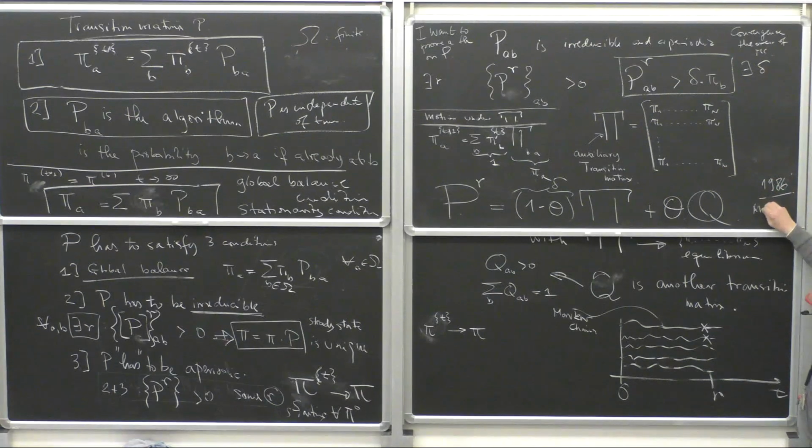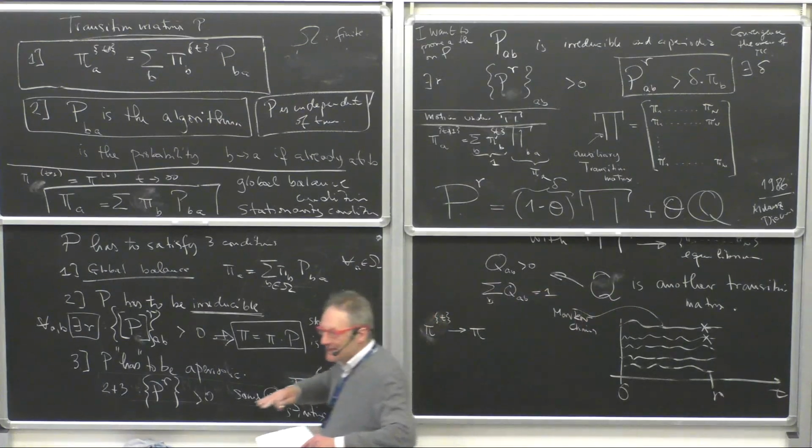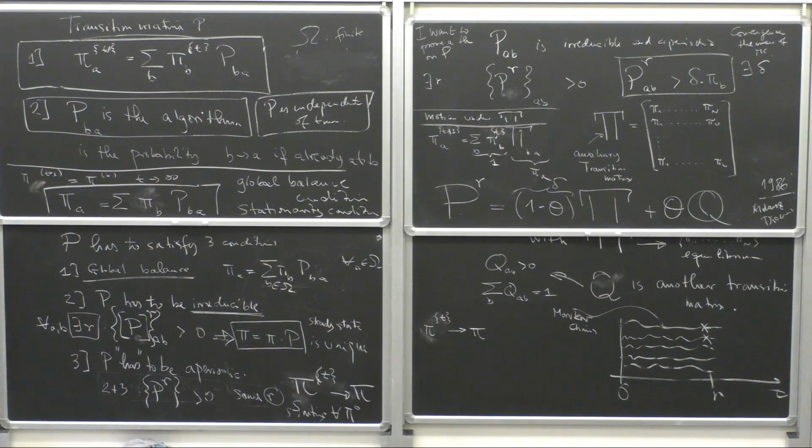Aldous and Diaconis. So it tells you that you run for time r, and with a certain chance, you are completely in equilibrium. You are doing an exact numerical solution of the problem that you're trying to solve.